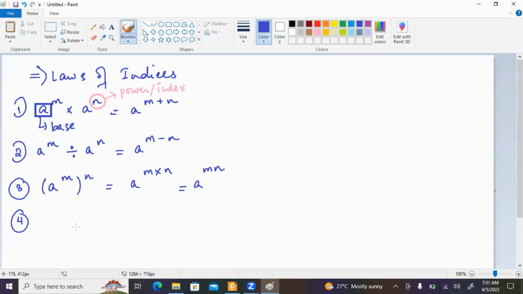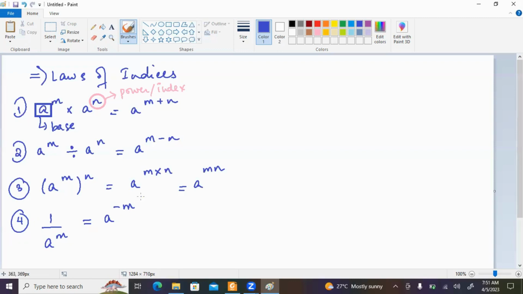Then if we have a base which is written as a fraction, so if we have a fractional base, let's say we have 1 over a to the power of m. So 1 over a to the power of m can be rewritten as a to the power of negative m. So this way you can convert negative indices into positive indices by converting into a fraction.